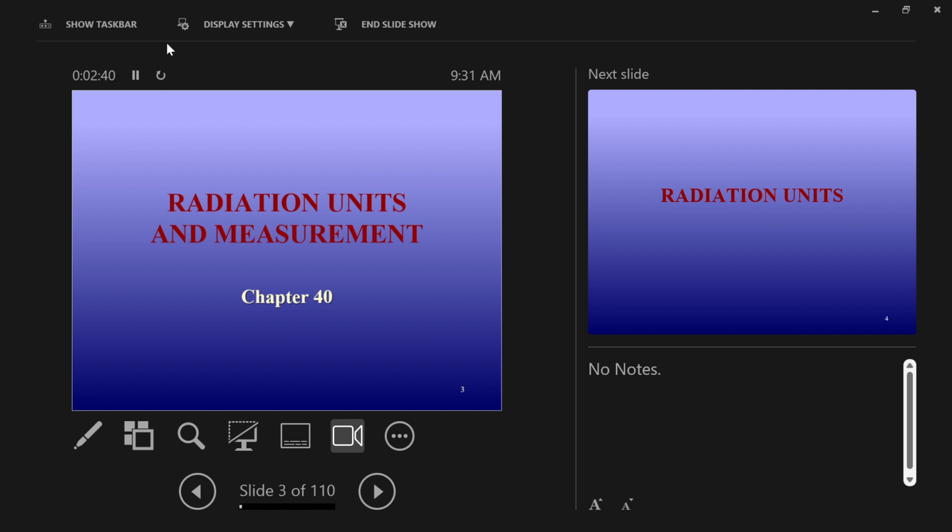So the abbreviation for this is capital G, little y, with a subscript A. So subscript A means gray in the air. Gray is an amount of radiation. We'll talk about that in a little bit. And gray with a subscript A means air, so exposure.